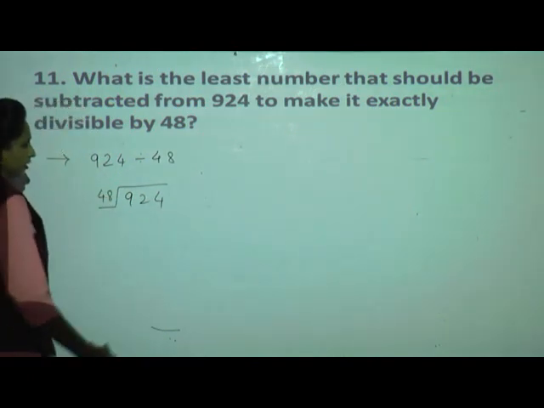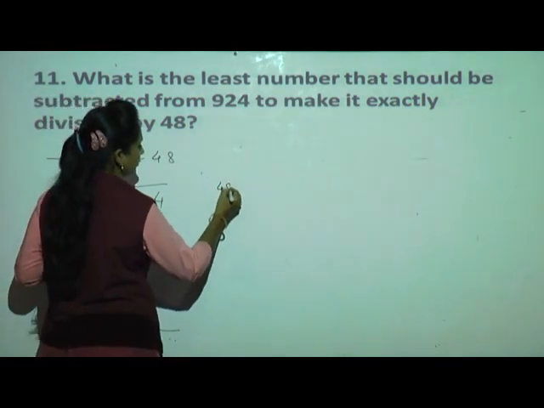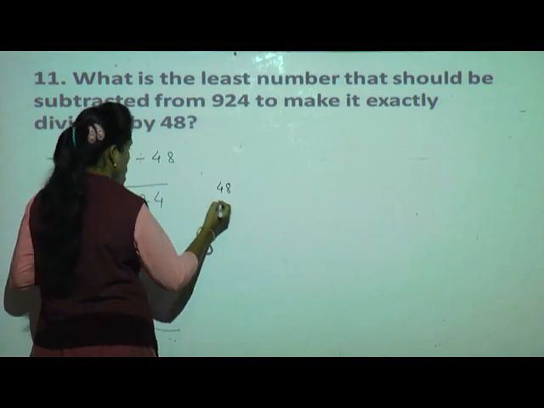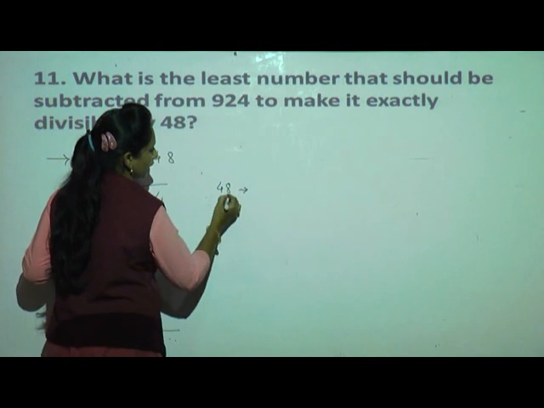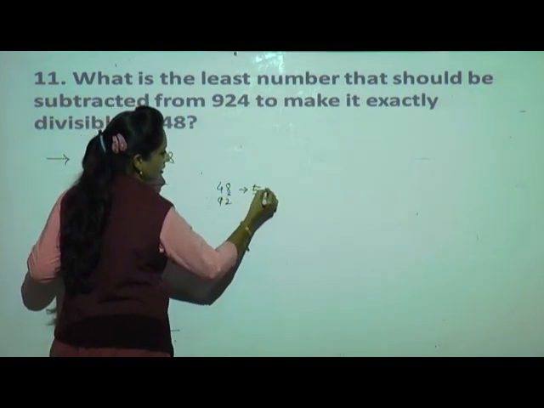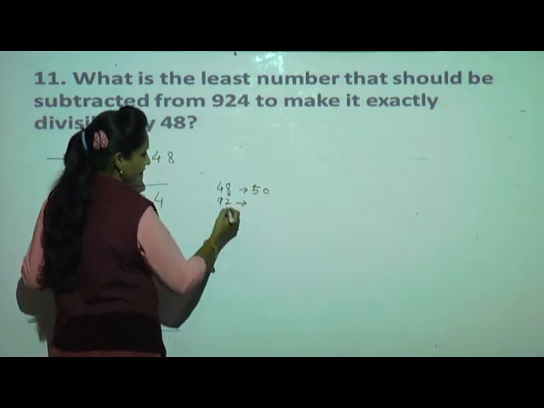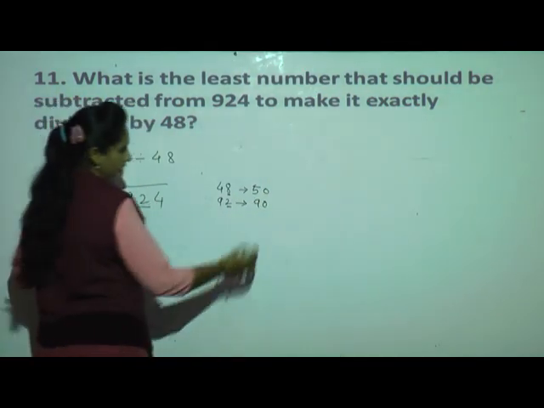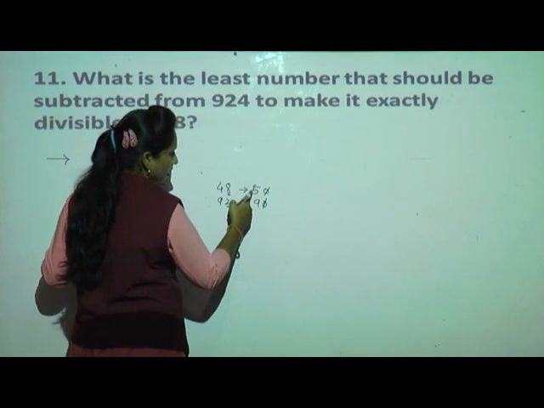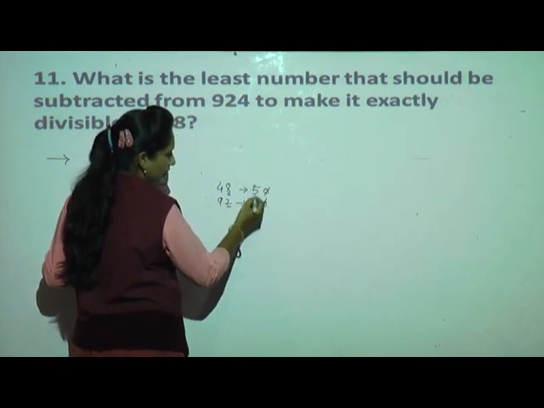Now 48 table. So, see what I will do. I will go with the rounding number. 2 digit means 2 digit. 48, 8 is there. So rounding number is 50 and 2 is there. Rounding number is 90. Now 1 1 cross, 0 0 cross, 5 1s are 5.